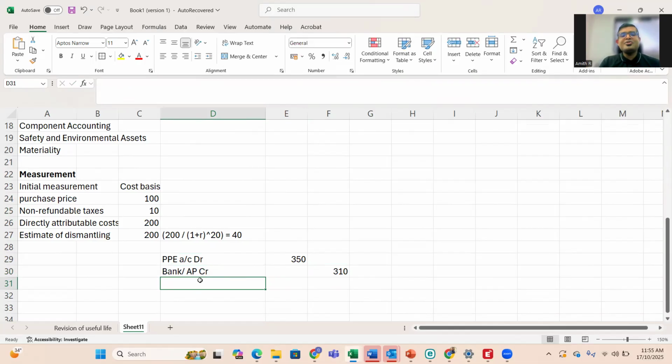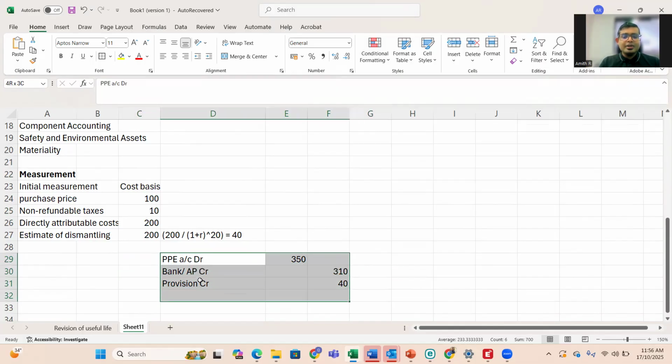What is the remaining 40 going to? Where is the remaining 40 going to? You will recognize a provision of 40. Right? Now, this is at the time of initial recognition.